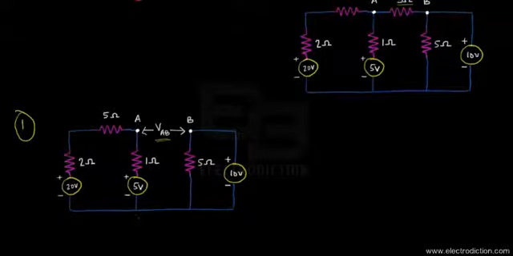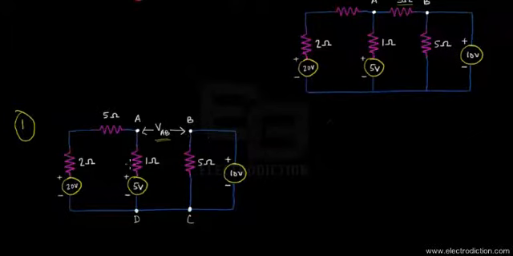Let's call this terminal over here terminal D, and this one terminal C. We need to find the voltage difference across the terminals A and D, and also the voltage drop across the terminals B and C. Then if we find the difference between these two, we can find the voltage drop VAB existing between the terminals A and B.